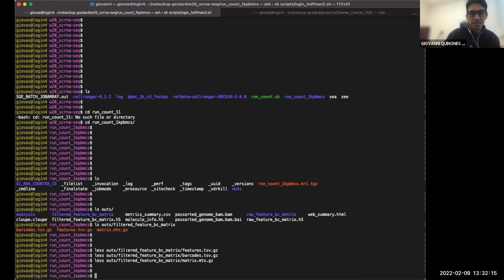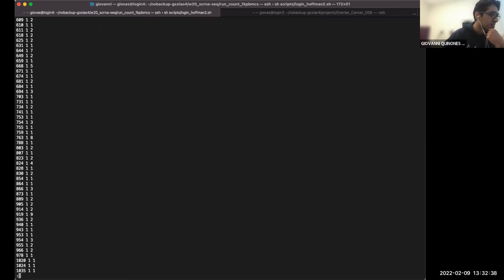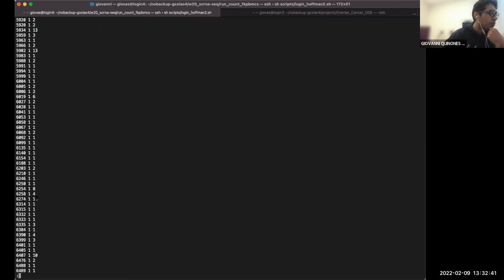So I wanted to show you what this feature count matrix looks like, which I already have here. You're probably expecting a matrix with a certain number of rows and columns. But instead, you get this very long list, which is actually a list of coordinates, because in this matrix most of the entries are going to be empty or have a value of 0.